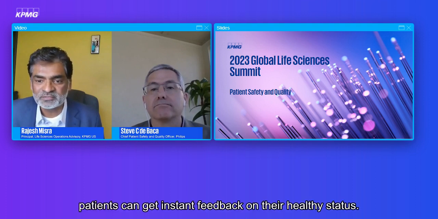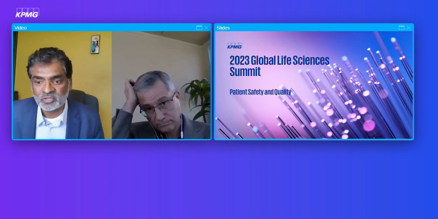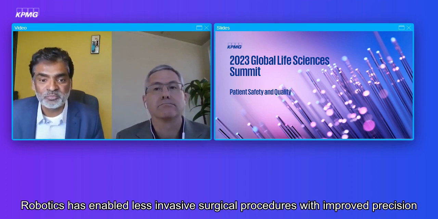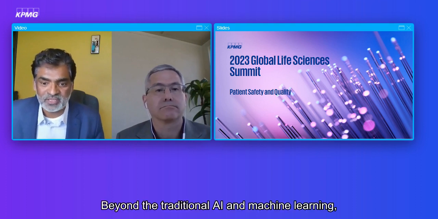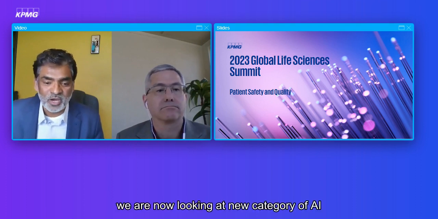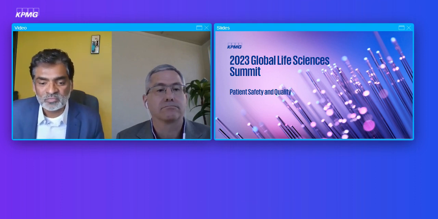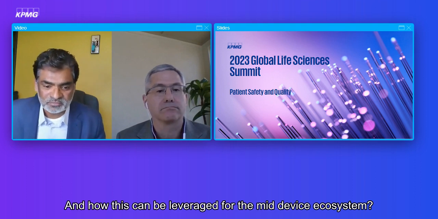With digital health, patients can get instant feedback on their health status. Robotics has enabled less invasive surgical procedures with improved precision and accuracy. Beyond the traditional AI and machine learning, we are now looking at a new category of AI solutions like ChatGPT and how this can be leveraged for the med device ecosystem.